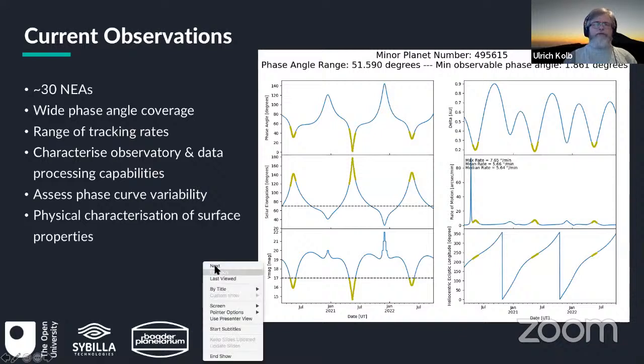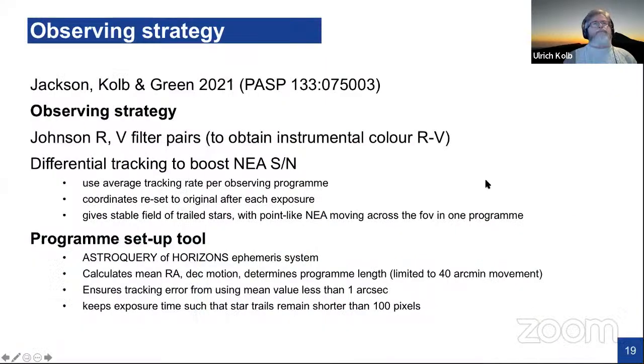Right, so let's go to the next. What I'm going to tell you now is the observing strategy and a few technical details of the setup we've created for doing these observations, for conducting this campaign. And this is actually published in last year's PASP paper by Jackson et al.